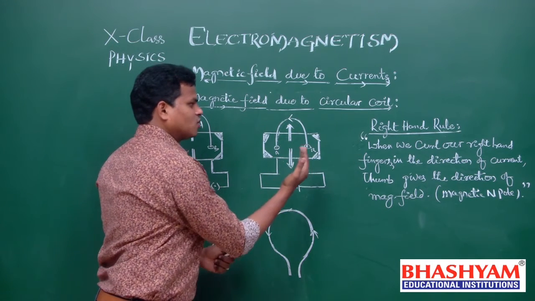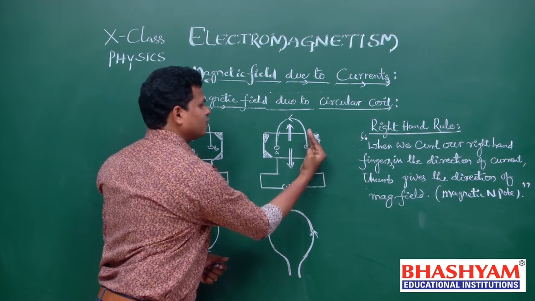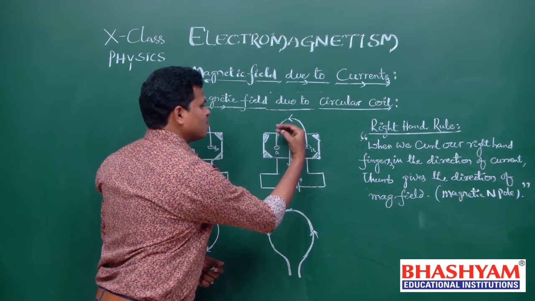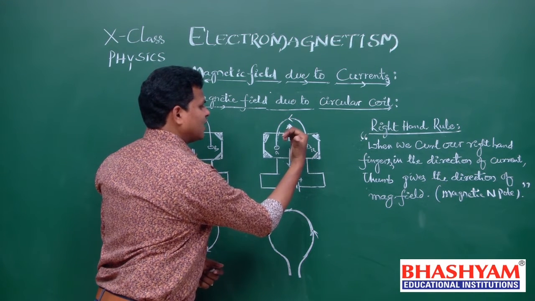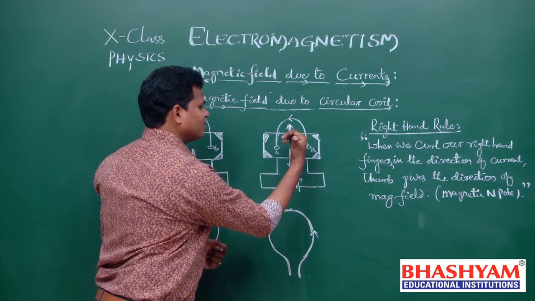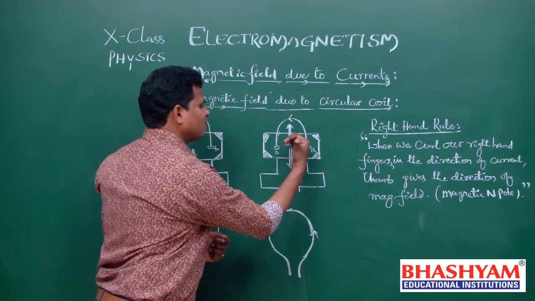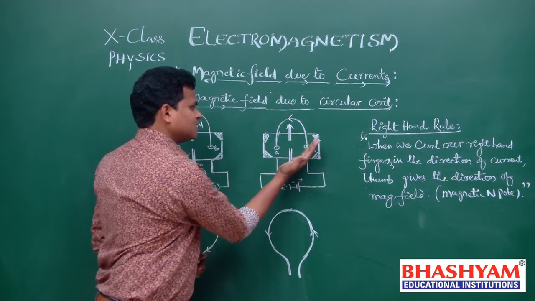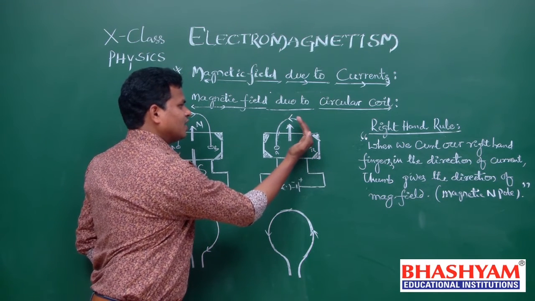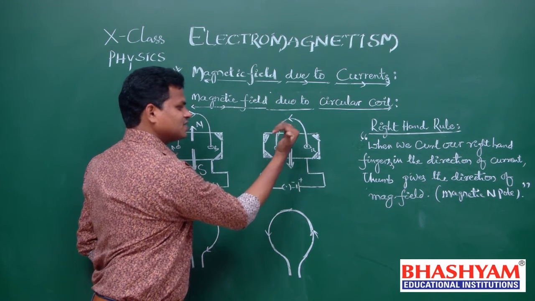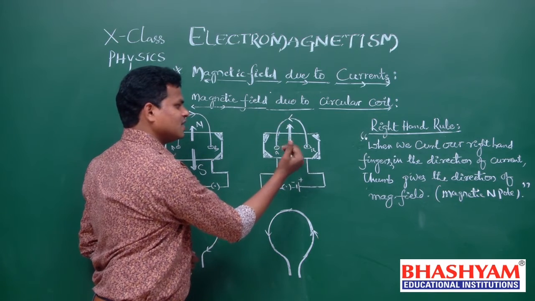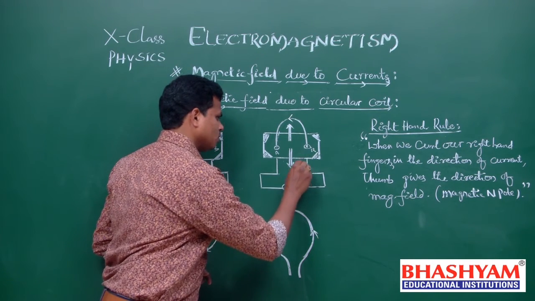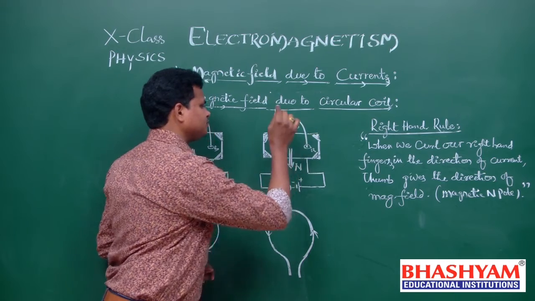Curl the fingers in the direction of current. The thumb gives the direction of magnetic field, meaning the direction of the magnetic north pole. For example, this is the direction of current, anti-clockwise. The thumb is north, meaning the face of the loop acts as a north pole. This is the south pole.